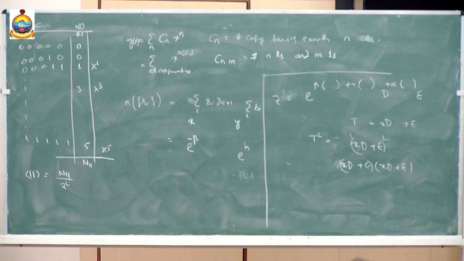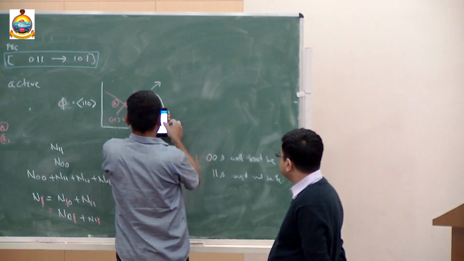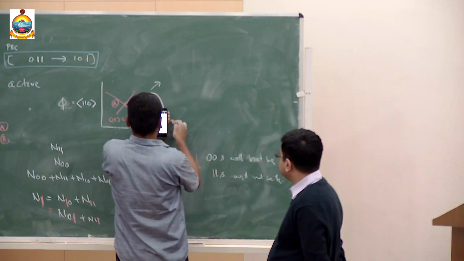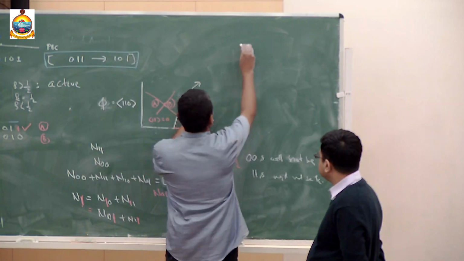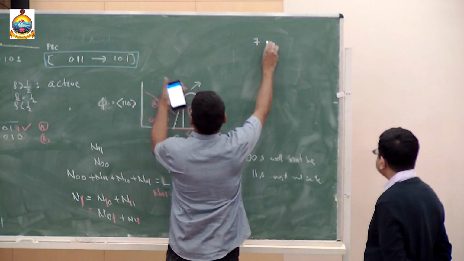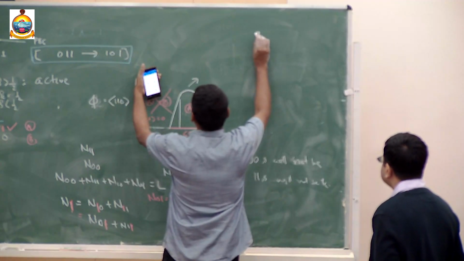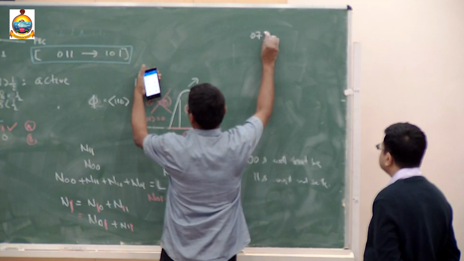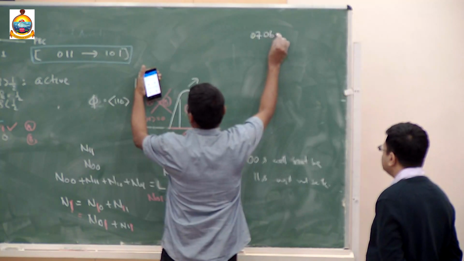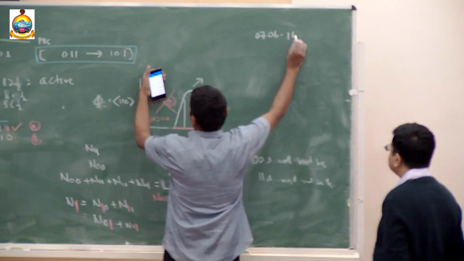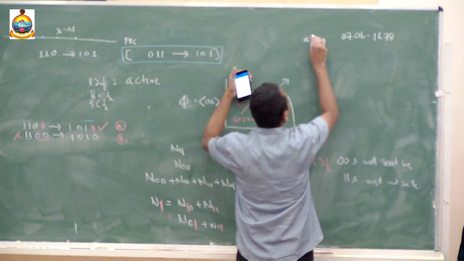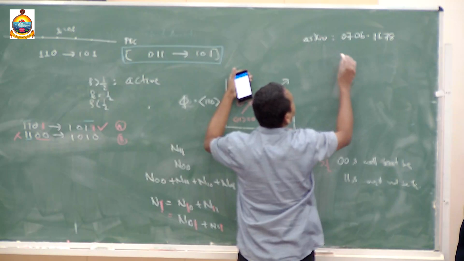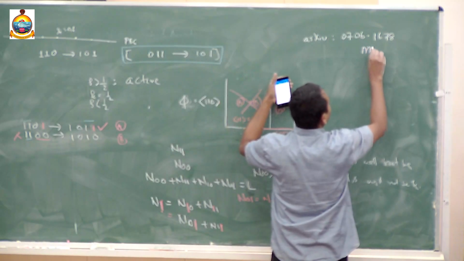You can find the reference from there. So let me look at this. I've grown older, so now I cannot see. 0706.1678. Okay, so this is arXiv. This is the matrix product ansatz.